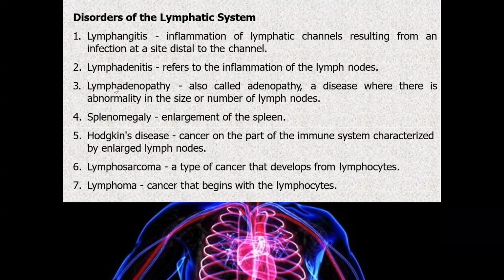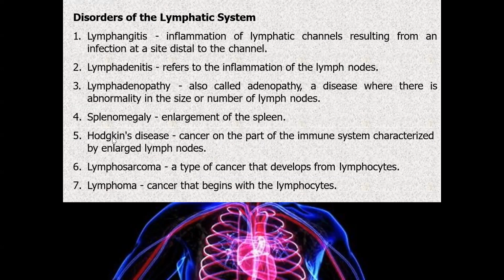Lymphadenopathy, also called adenopathy, is a disease where there is an abnormality of the size or number of lymph nodes. Okay, so lumalaki, okay, yung lymph node. Next, splenomegaly, it means enlargement of the spleen. Okay, splenomegaly, lumalaki si spleen. Remember, spleen is a lymphatic organ.